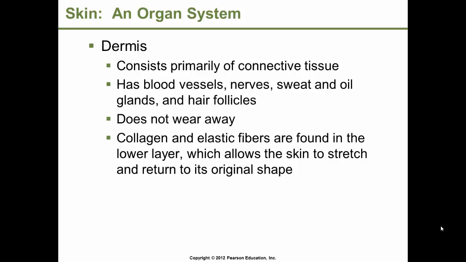Resiliency of the dermis decreases with age. Collagen fibers begin to stiffen and decrease in numbers. Elastic fibers thicken and lose elasticity. This typically begins in the late 40s and is attributed with the signs that we see of aging and the wrinkles in the skin.